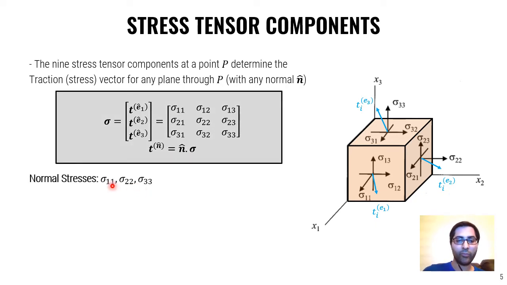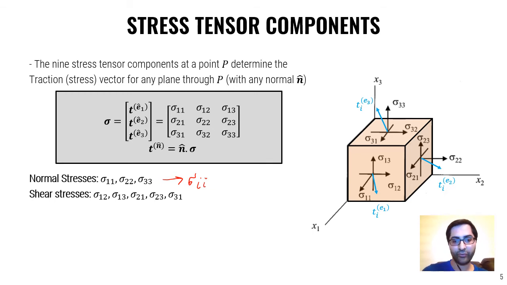Here we call sigma 1 1, sigma 2 2, sigma 3 3 the normal stresses, or in short, sigma ii are the normal stresses. We call sigma 1 2, 1 3, 2 1, 2 3, 3 1, 3 2 the shear stresses, so basically sigma ij for i not equal to j.